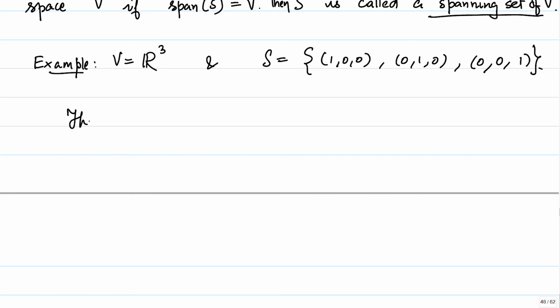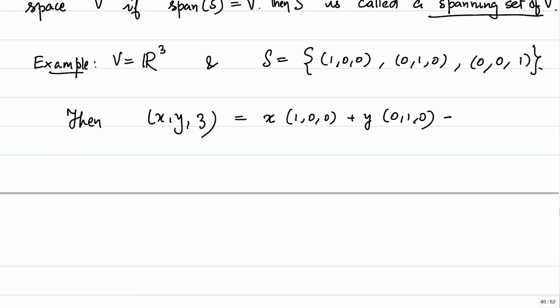Then you consider any (x, y, z). I will just write down explicitly what the linear combination of the above vectors is, which will give us (x, y, z). This is going to be x times (1,0,0), notice that x is a scalar, plus y times (0,1,0) plus z times (0,0,1).